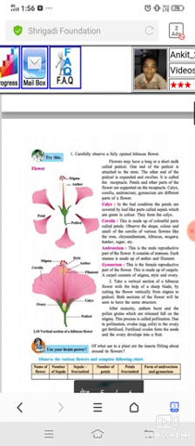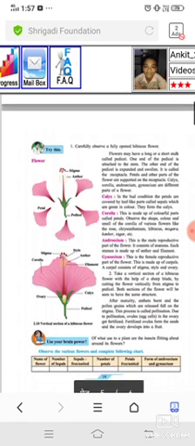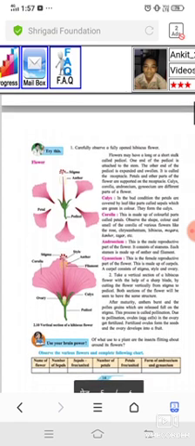The other end of the pedicel is expanded and swollen. It is called the receptacle. Petals and other parts of the flower are supported on the receptacle.